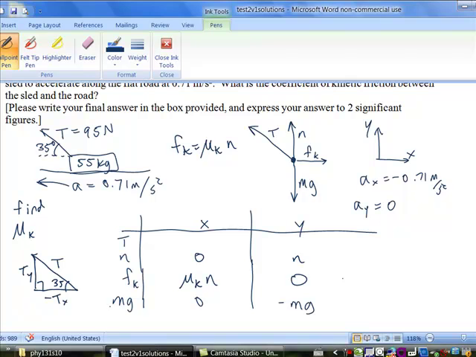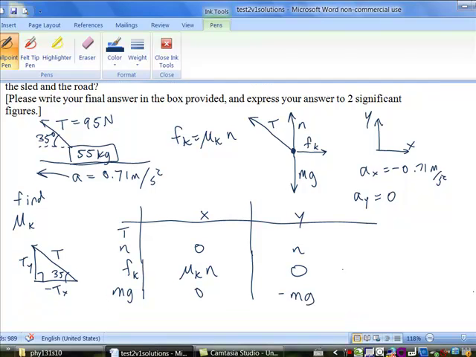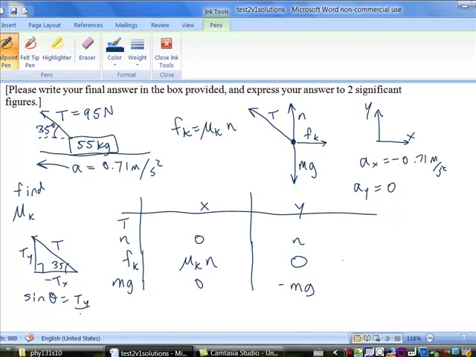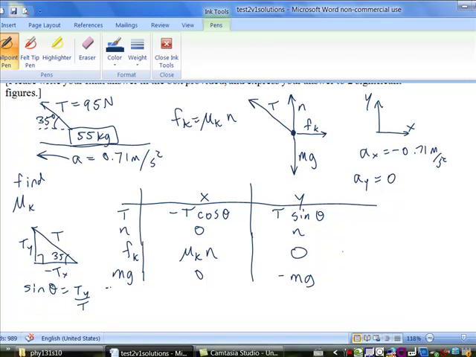So I'm thinking that the sine of theta, which is 35, is equal to T y over, which is the opposite over the hypotenuse, which is T. So that means T y is going to be T times sine of theta. And similarly, T x is going to be negative T times the cosine of theta. So that's all the components of the forces.